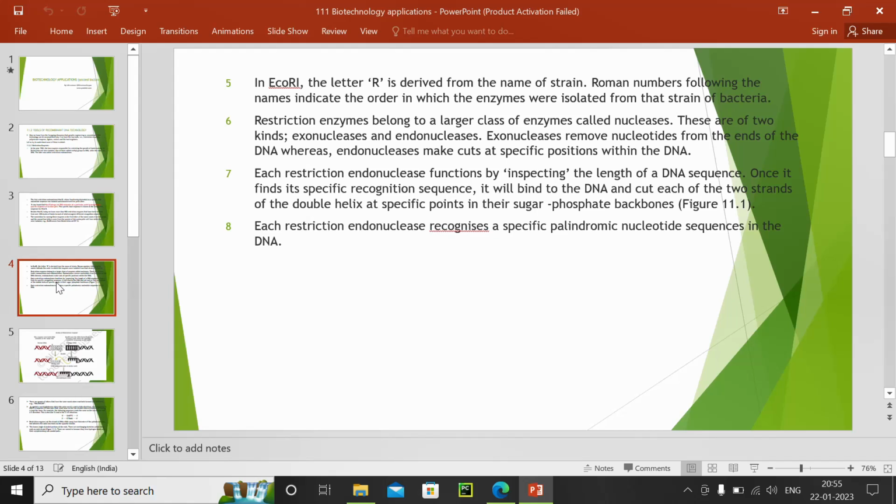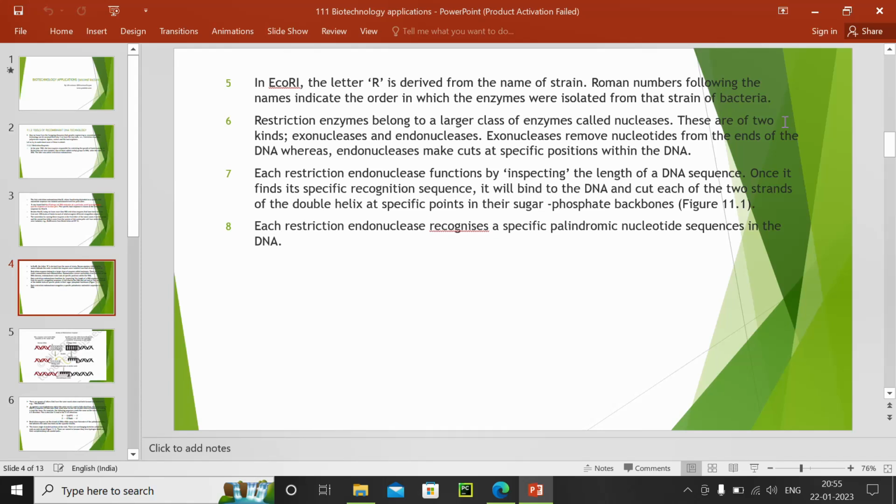So a Roman number follows after the strain letter, and this indicates the order in which the enzyme was isolated from the strain of bacteria. So the order, that is the first, second, or third. Order is nothing but anything that is arranged in a specific way. So order in which the enzymes were isolated from the strain of bacteria.